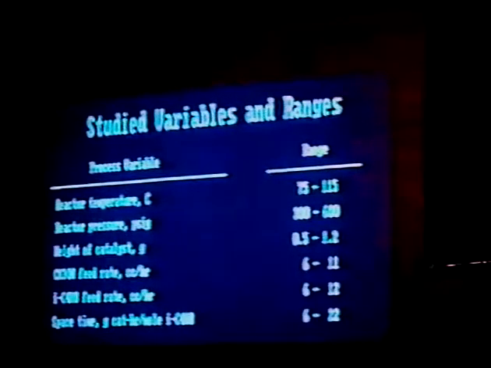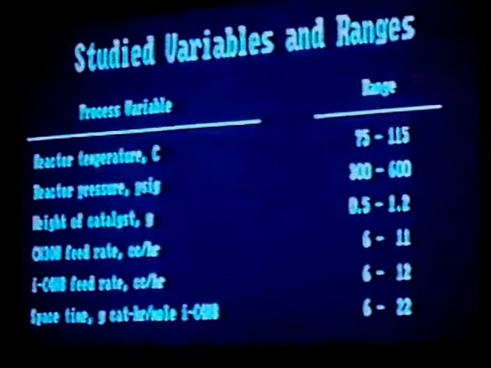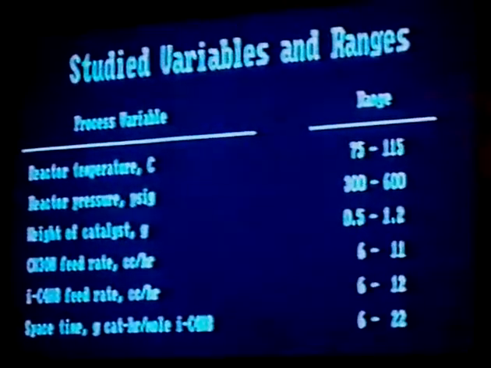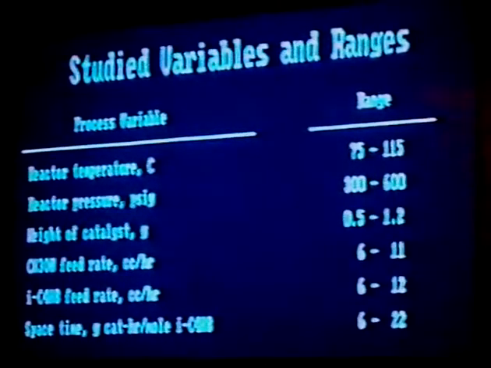We studied the reaction characteristics of the two catalysts in a fixed bed isothermal integral reactor system at these conditions. First of all, the main reaction, the synthesis of MTBE, is an exothermic reaction.